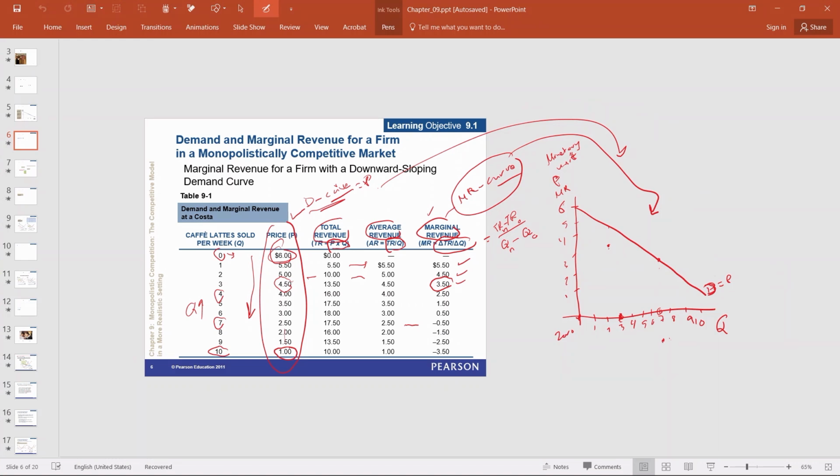And if we take another marginal revenue level, let us say 1.5 at quantity level 5, so it's about here. And if you connect these dots, you will get this curve tracing all dots of marginal revenues that are here.